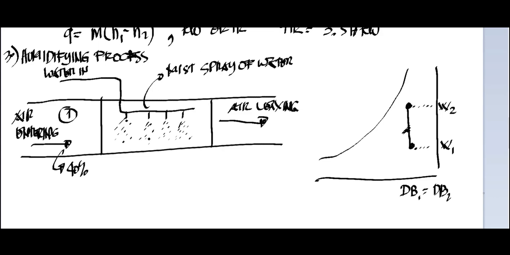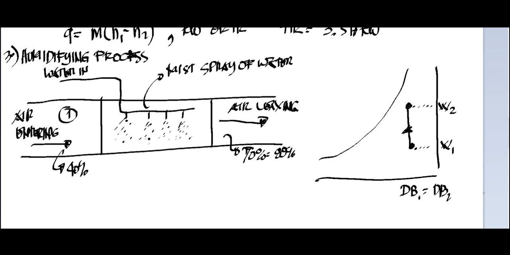So the air is absorbing moisture content. So maybe around here is approximately 70% or 80% RH. So it depends on the quantity of mist you will be providing to the spray of water. So this is how it looks like.